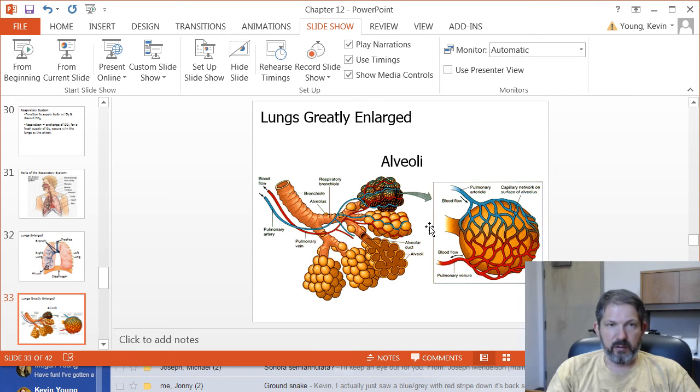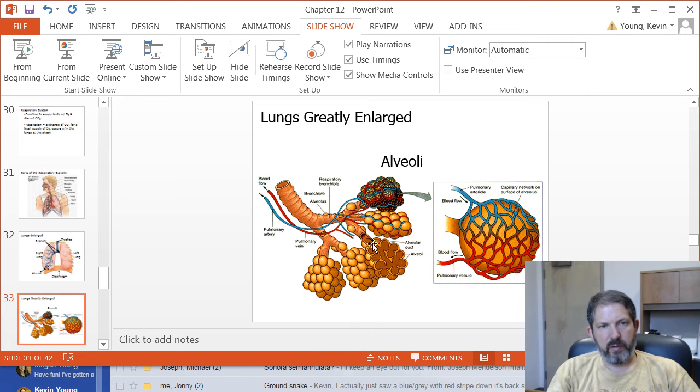They're microscopic, little grape-like clusters covered in microscopic capillaries. And the capillaries, this is deoxygenated blood slowly coming from the heart. This has been pumped from the right ventricle, this tiny little arteriole, and then the capillary bed right over the alveolus. And then it forms a little venule on its way back to the heart, back towards the left atrium.